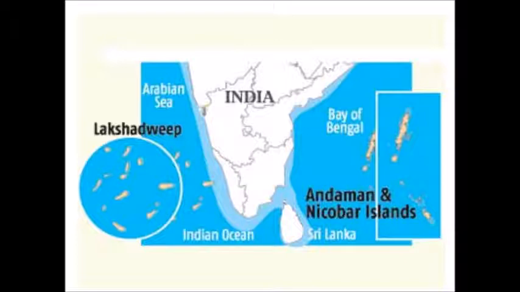Now we will move toward another group of islands in the Bay of Bengal. This is a north to south chain of islands known as the Andaman and Nicobar Islands. They are bigger in size and more numerous and scattered. The entire group is divided into two broad categories, the Andaman in the north and the Nicobar in the south.